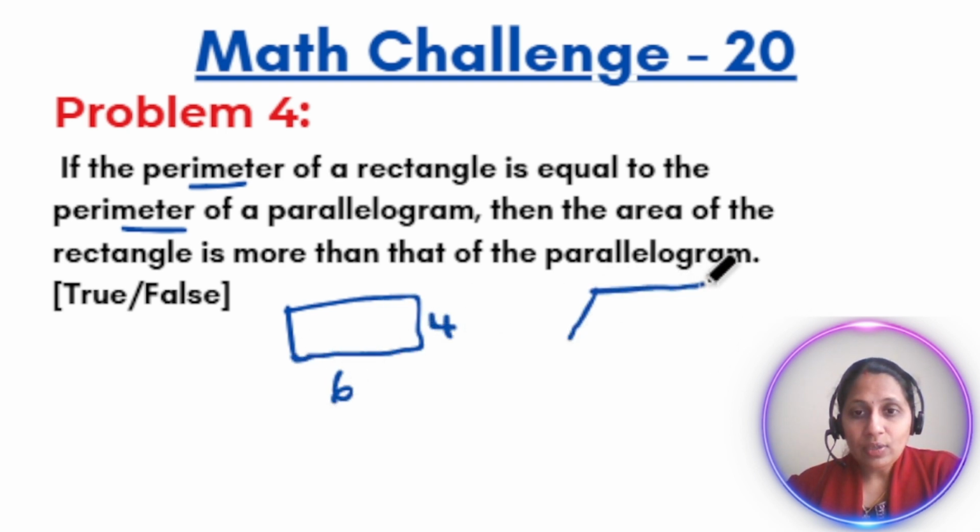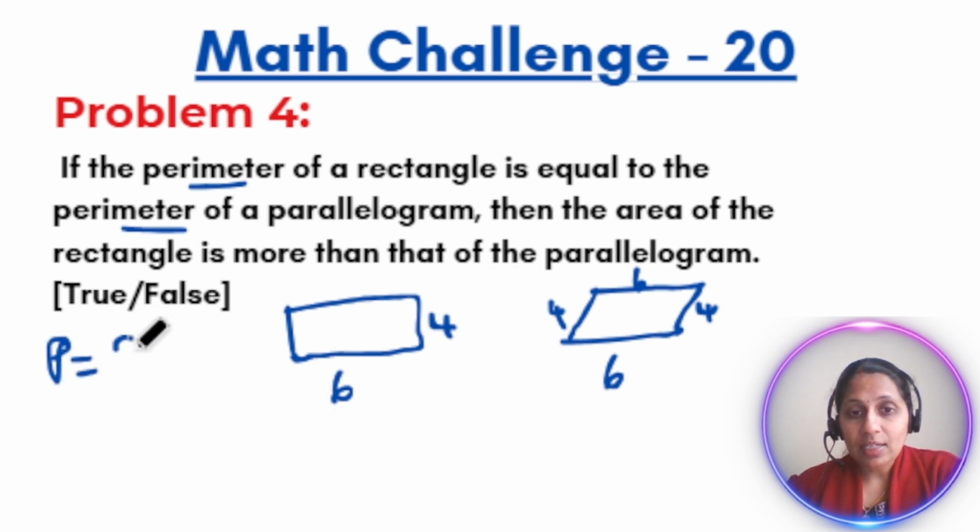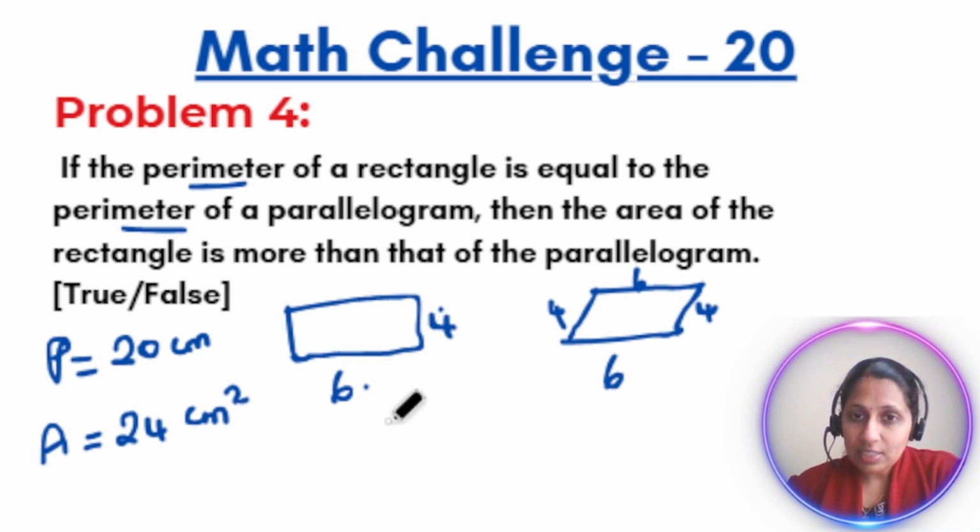The parallelogram here should have the same sides, so 6, 6, and slanting side 4. Rectangle has a perimeter of 2 times (6 plus 4), which is 20 centimeter, and the area is 6 times 4, which is 24 centimeter square.